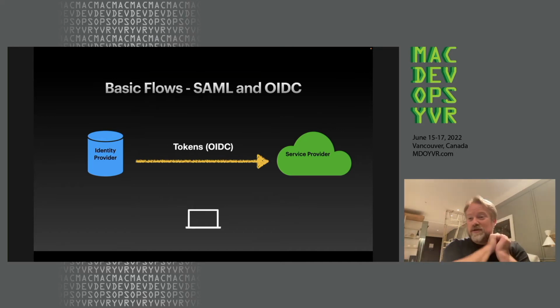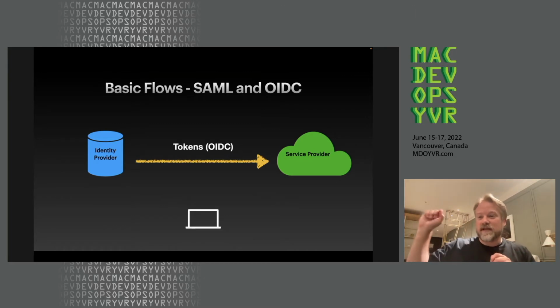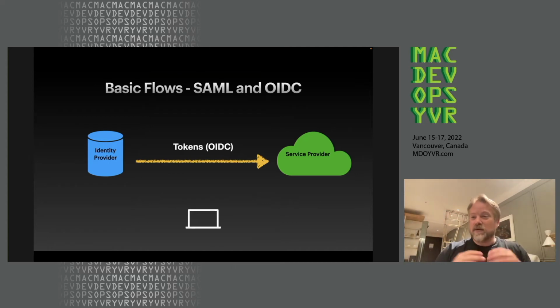You would instead use your TGT, your ticket granting ticket, to go back to your KDC, which is a lot like an identity provider. Your identity provider would give you a service ticket that would be specific to that service, and then you would send that service ticket over to the printer. So this flow is almost identical to what's been being done for many, many years with Kerberos and other authentication schemes like that.